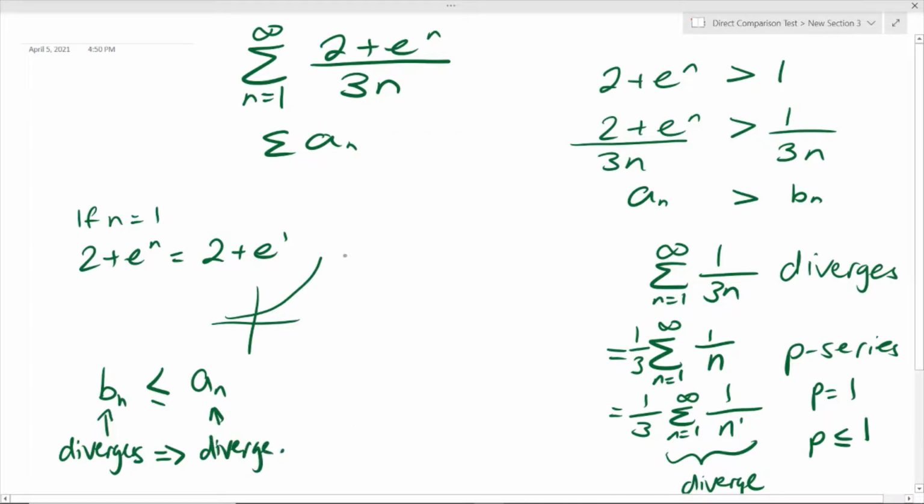And so we can conclude that our an diverges, and our an, hey, is this given series, so this given series therefore diverges as well.